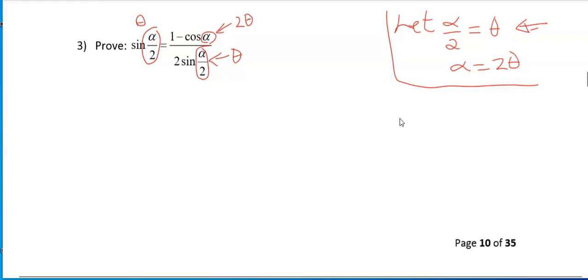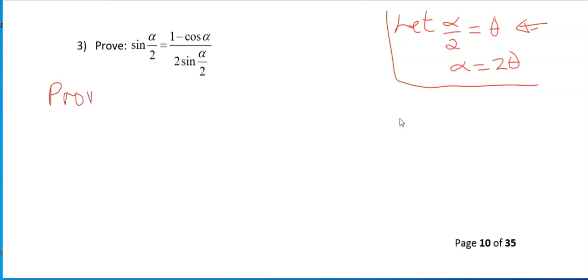So we're going to take this and just rewrite it. Like I say, this technique usually works, like 90% of the time. So we're going to change it into: prove that the sine of theta, now remember, alpha over 2 is theta. Now look how easy that side looks. That looks pretty simple, doesn't it?